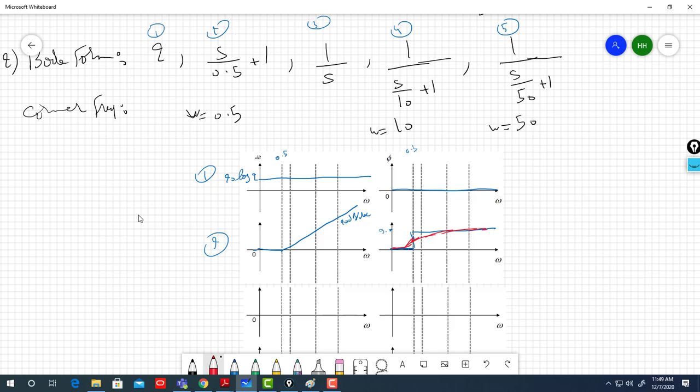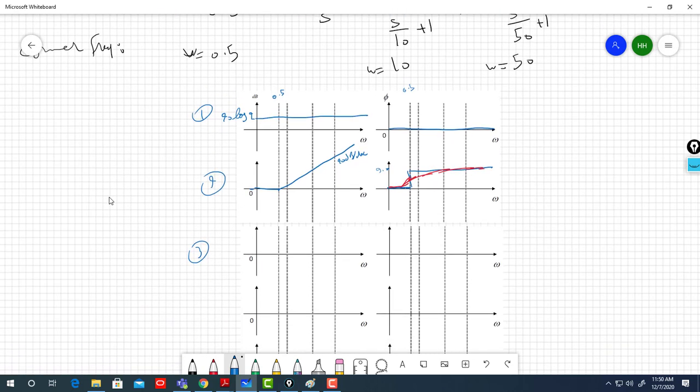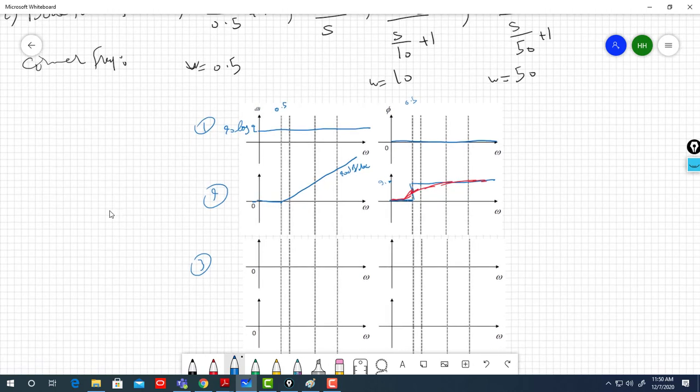So 1 over S. Let's draw 1 over S, which is number 3. If you remember, this is the standard 1 over S. Let me consider this as 1 radian per second. At 1 it is 0 decibel, otherwise it is minus 20 decibel per decade. So a point and a slope are enough to draw the line. At 1 it is 0, the pure integrator is a standard form.